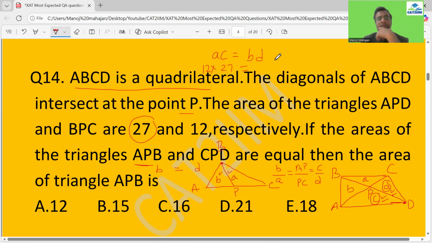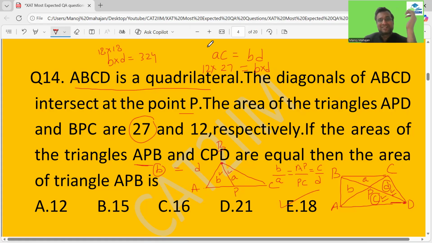So the product B into D has to be a perfect square, because both are equal. B into D comes out to be 324, and both values are equal, so this is 18 square. So the question asks for the value of B, which is 18, right?